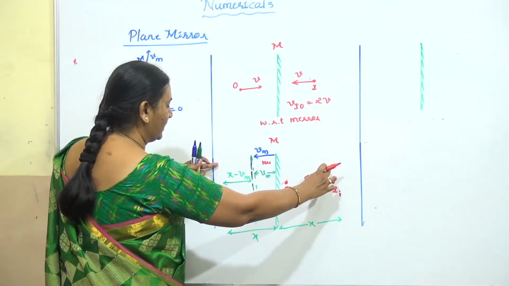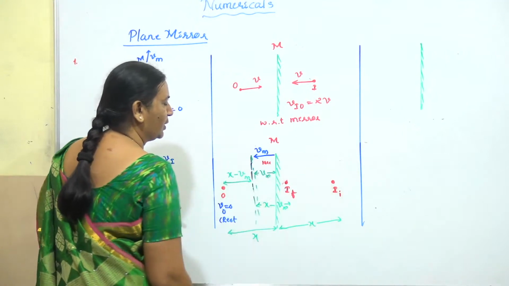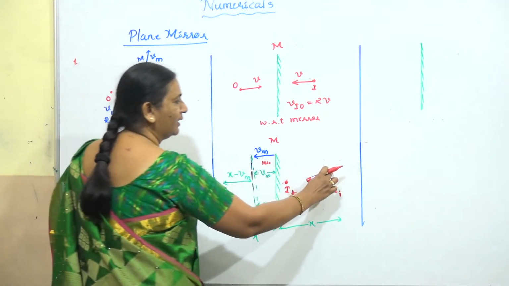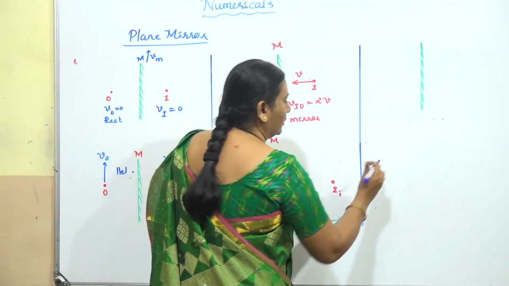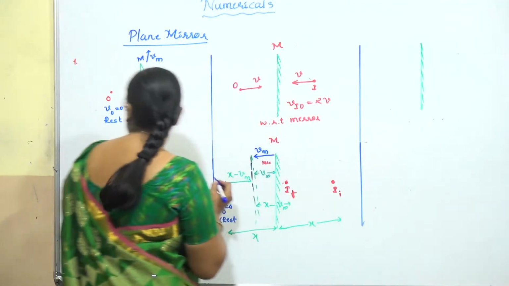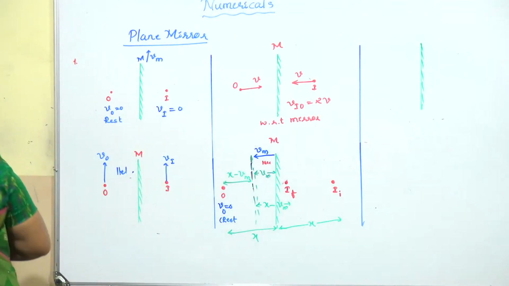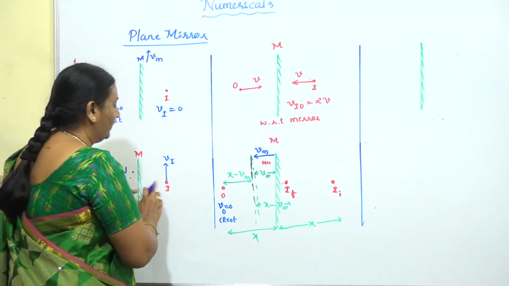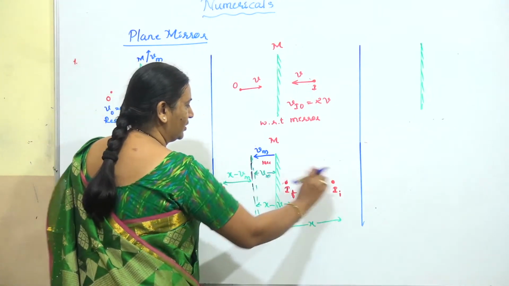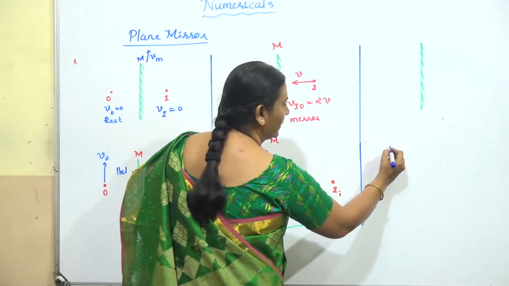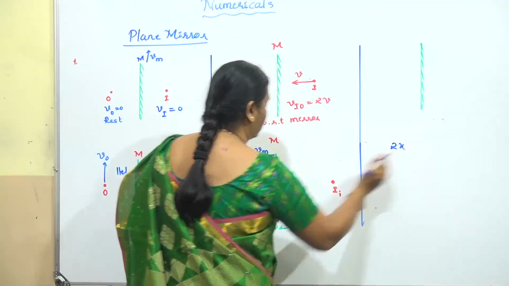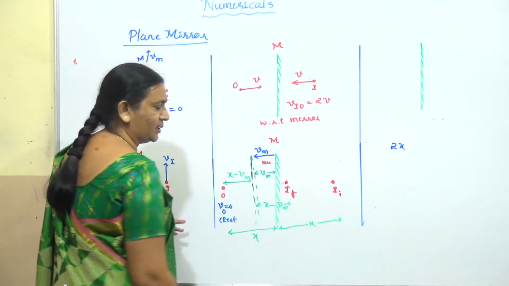Before, how much was the total distance between the object and the image? Listen carefully. The total distance was 2x.